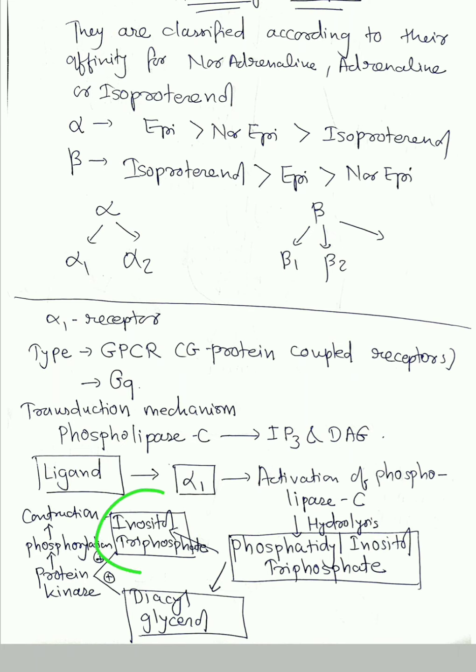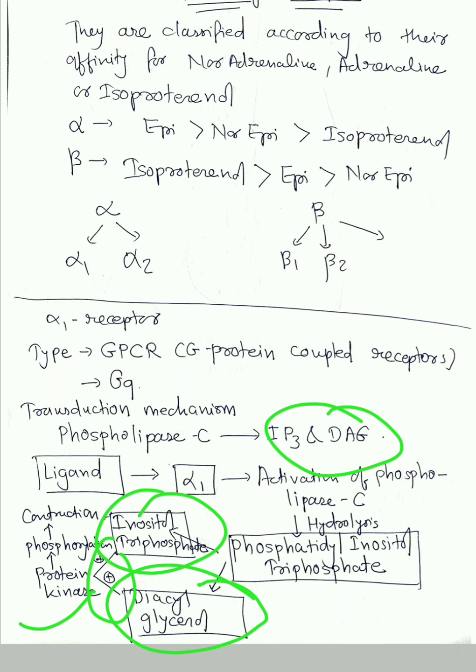Now these two, that is inositol triphosphate and diacylglycerol, also called as IP3 and DAG, will activate or stimulate protein kinase, which will do phosphorylation of the cell, which will ultimately lead to contraction. So alpha 1 receptor, basically the final action is contraction. You can remember it this way.